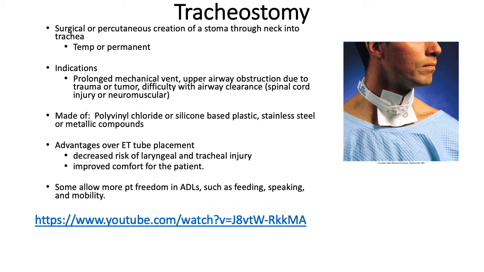Additionally, if the patient has difficulty with airway clearance due to a spinal cord injury or neuromuscular disease or disorder, a tracheostomy can be placed. They are made of polyvinyl chloride or silicone-based plastic. There are also some stainless steel or metal compounds. Not very often, but every now and then you may come across a metal tracheostomy tube.